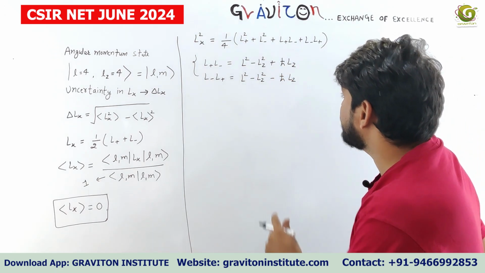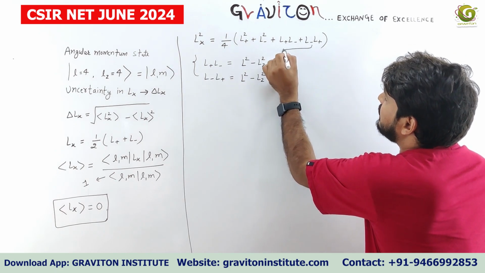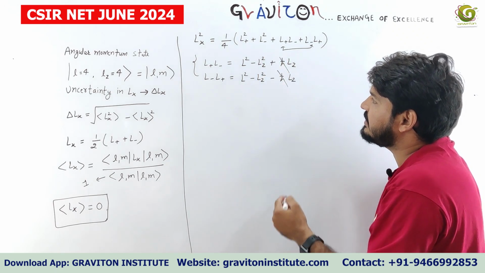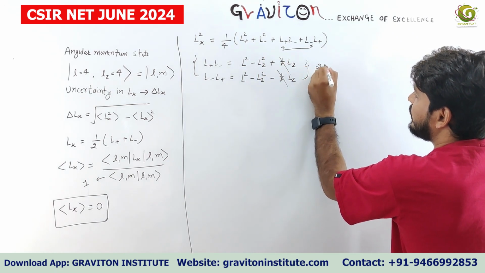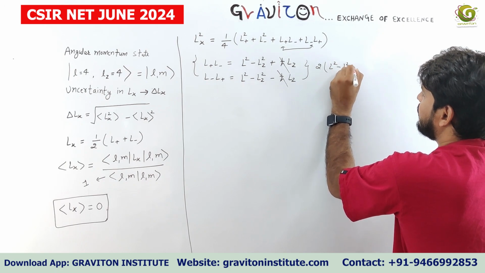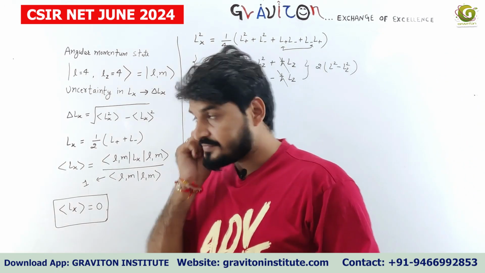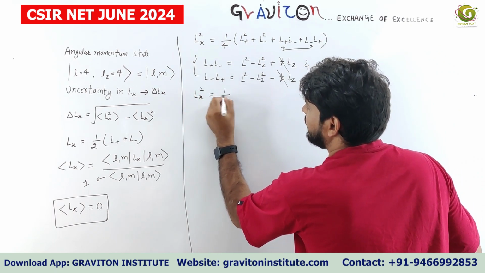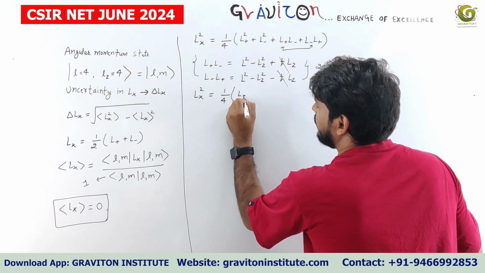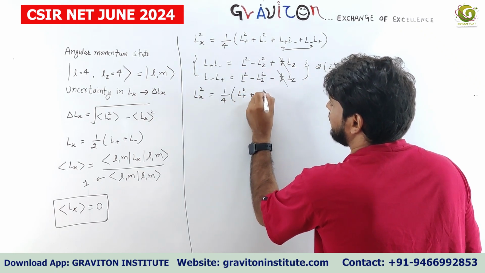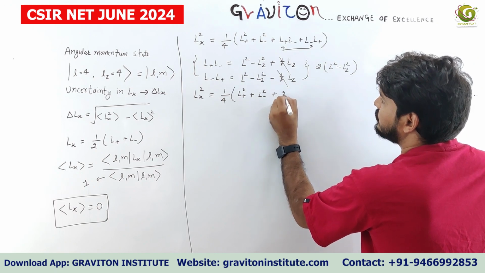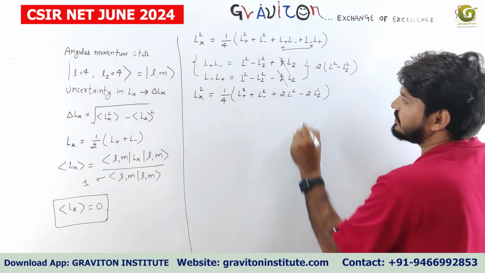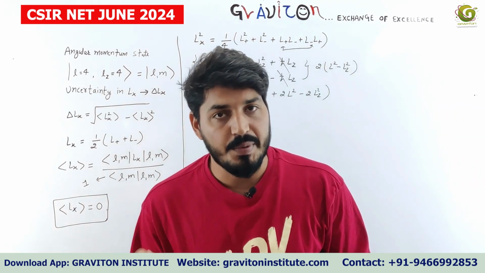When we add these two, the h cut Lz terms cancel, and we are left with 2 times L square minus Lz square. So finally, Lx square is 1 by 4 times L plus square plus L minus square plus 2 times L square minus 2 times Lz square. This is the Lx square operator.